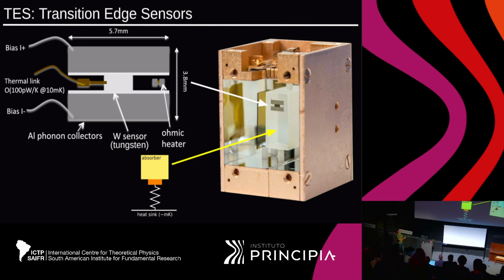But yeah, so in this case, for CRESST, the white thing here is the absorber that we had in yellow. Okay, so this is the crystal where you will be looking at the interactions with radiation. And this thing here is the transition edge sensor. Here is a close-up.